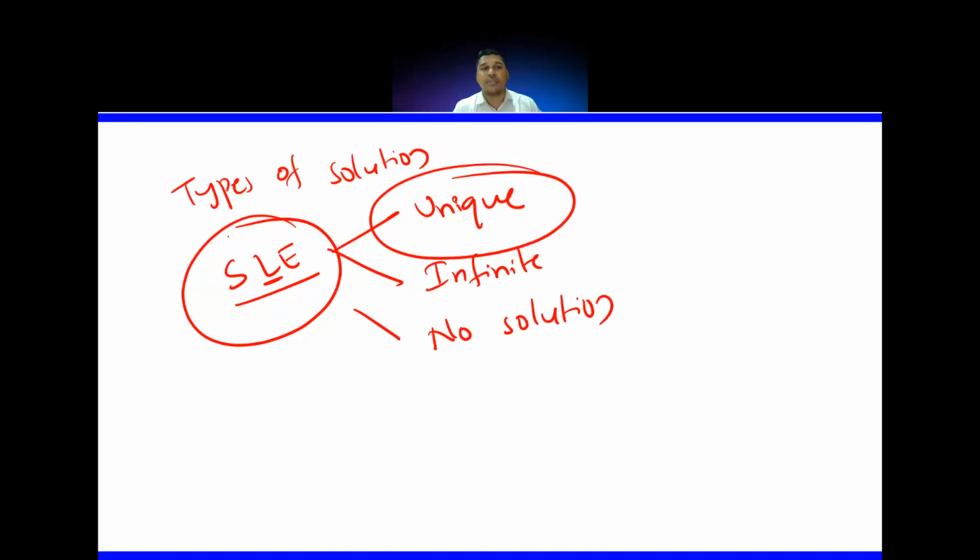It means you should have your ML data in a proper format so that you get a unique solution. When you get a unique solution, you find the values of W1, W2, and B. Then you form the regression model for prediction. This is types of solutions. Now let's see the second one, the Gaussian elimination method.